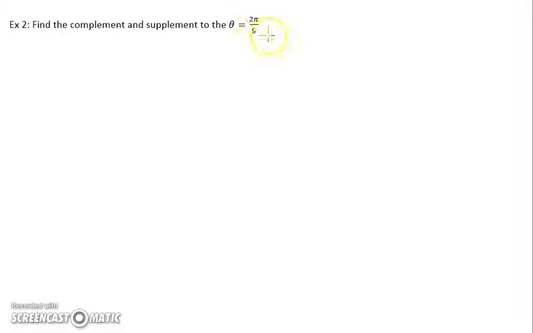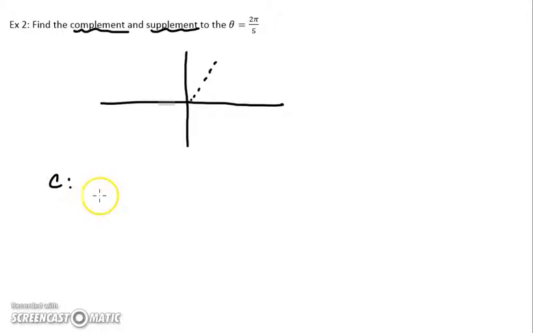We can also think about complements and supplements. So if we think about 2 pi over 5, it's going to be somewhere in the first quadrant, but we don't really need to think too much about exactly where it is. We just need to know what the complement and the supplement mean. The complement means in degrees that they add up to 90 degrees. A 90-degree angle hits this quadrant right here, and we just saw that we call that pi over 2.